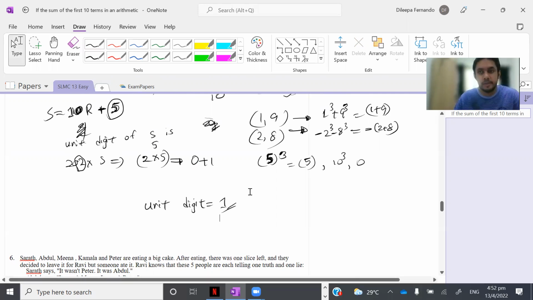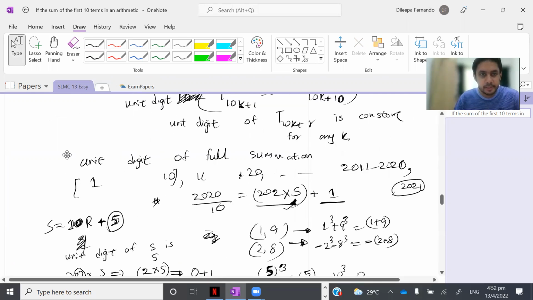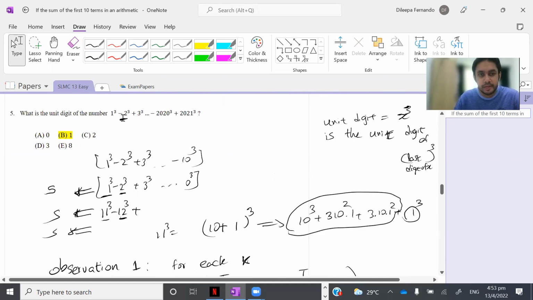So let's recap it. You started with this summation, and we grouped it into a similar set of different summations, each having 10 numbers, and we found out that in each summation the unit digit is the same, because only the last digit matters when it comes to mod 10.